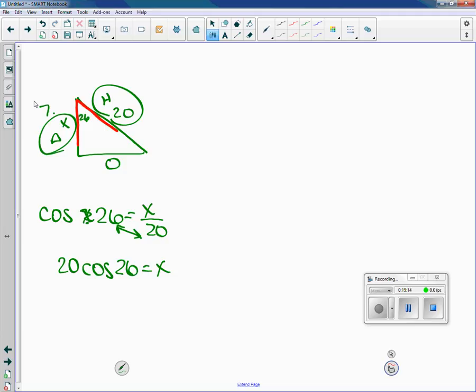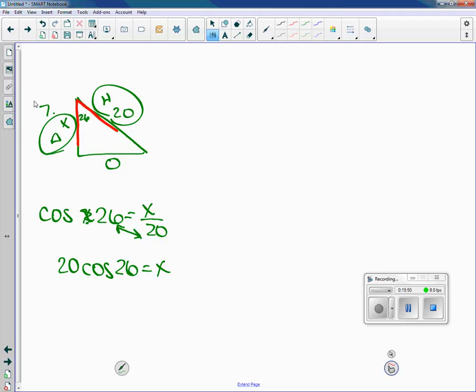All right, now listen. Everybody listen. This is how you put it in your calculator. Are you ready? We're going to take this problem right here. You're going to hit 20 times. Now here is where the difference comes in when you're using this calculator. You hit 20 times, listen, you have to hit 26, cosine, enter.